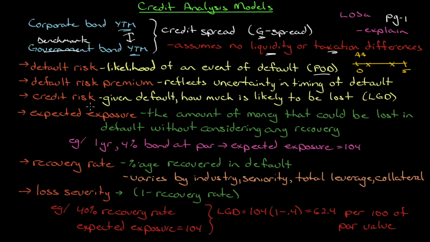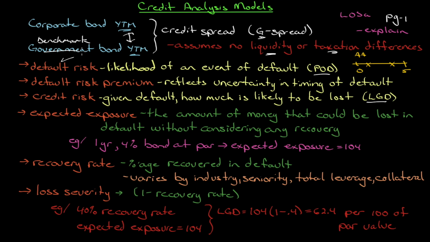Credit risk, given default, how much is likely to be lost? That is the loss given default. We can have a bond with almost absolute 100% default risk or probability of default. It's going to default, we know it is, but we could have 0 credit risk.